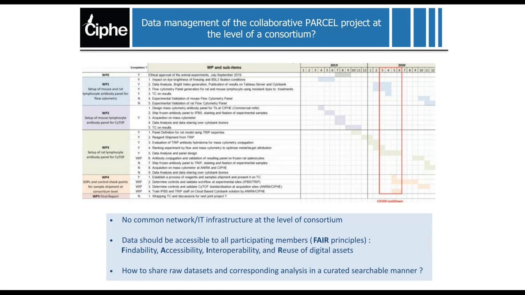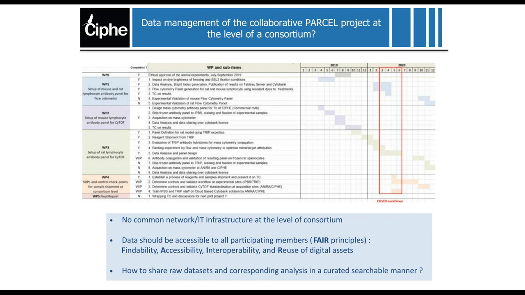And that has been difficult because we don't have an IT infrastructure at the consortium level. Next, we also need to work along the FAIR principles, which are findability, accessibility, interoperability, and reuse of digital data sets. And for this, we needed to find a solution, and Cytobank for us was the best available.